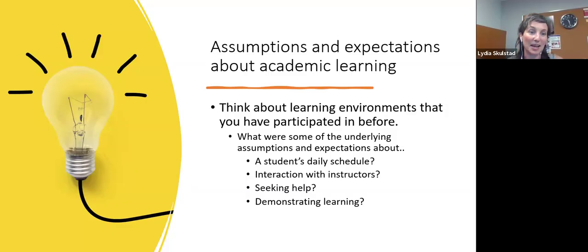But that's a great example of a difference, right? So if I were going to go to Germany, I would have just expected that I would get up and leave the classroom, and would probably be a little surprised when people were knocking on the tables. So yeah, this is just one example. Another example that's maybe different for some students is that in a lot of classrooms, there's a lot of participation expected.